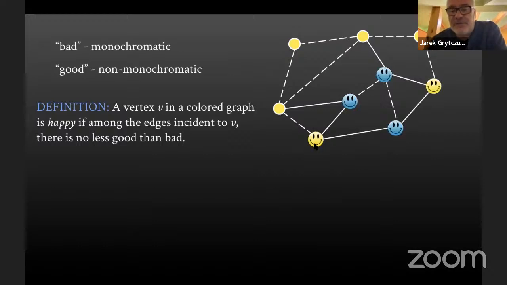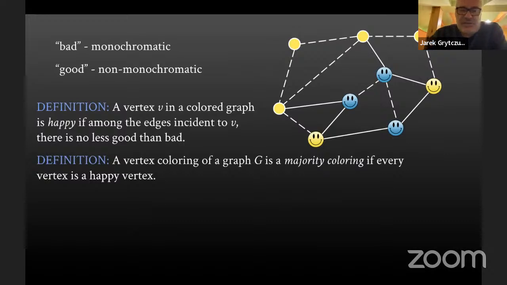I have a picture where I put some smiling faces on happy vertices. So I hope you understand this definition. A majority coloring, as it is called, is a coloring in which every vertex is happy.